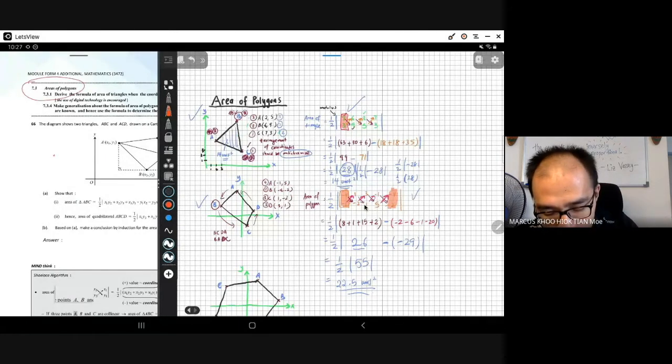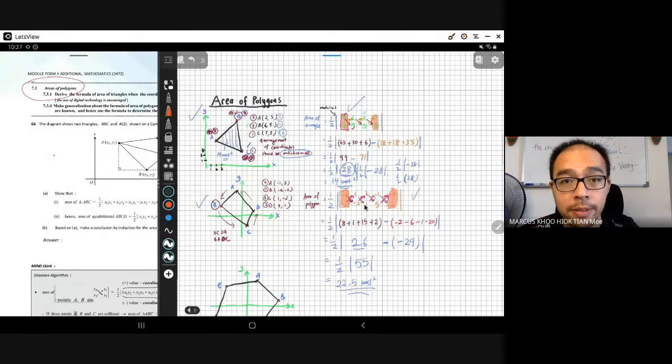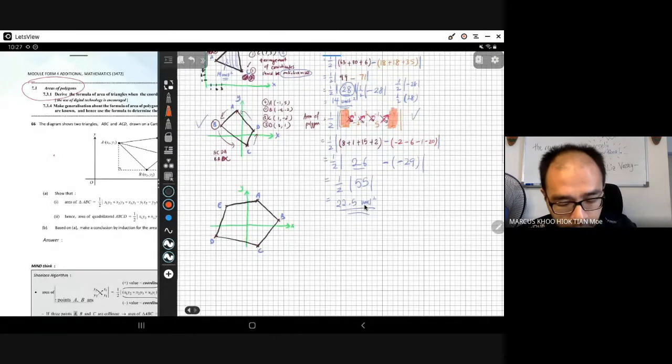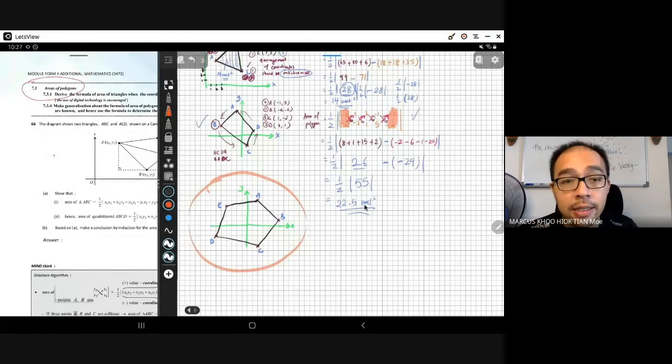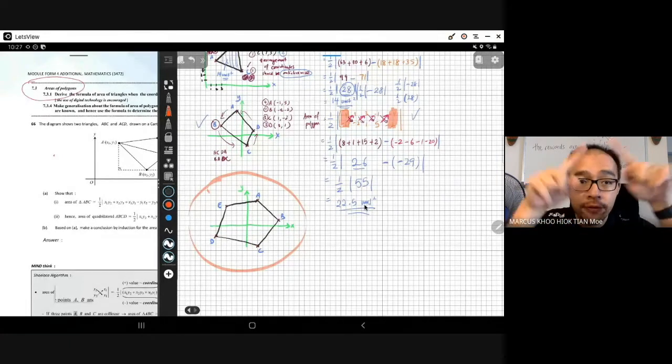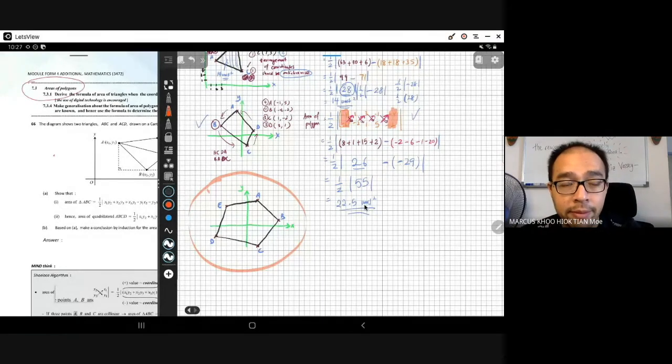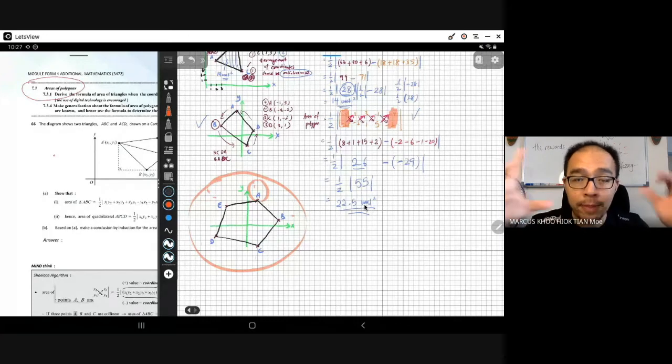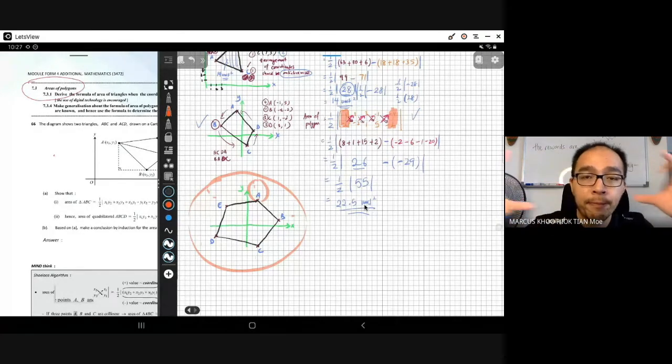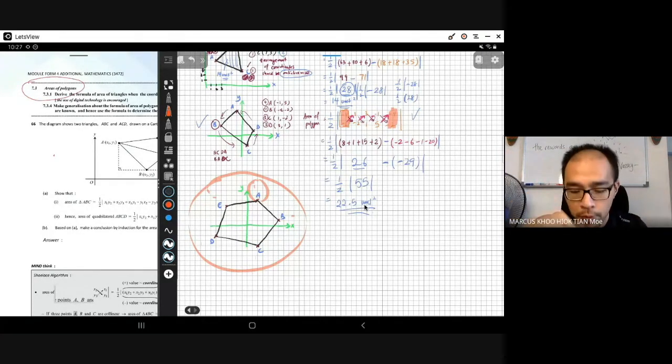Even if it's a five-sided shape, you still do the same thing. You start with the first one, the second, third, fourth, fifth, and then you do the first one again. You multiply, multiply, plus, and then these two groups, you minus.